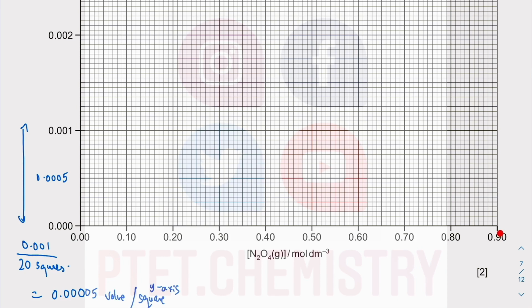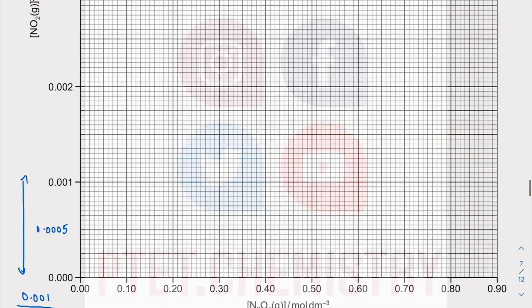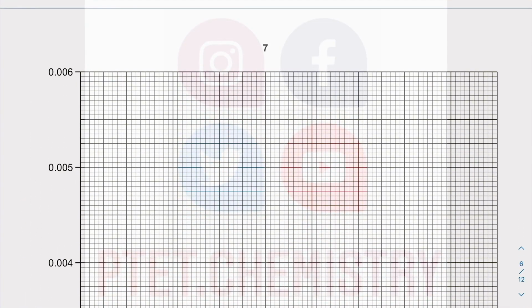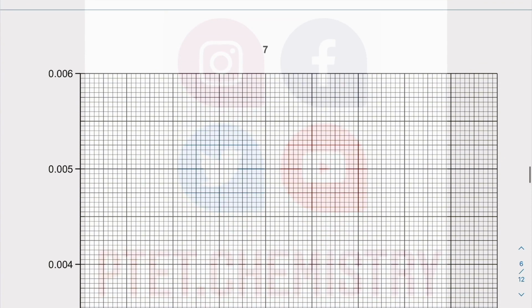So for the x-axis it is 0.9. I'm going to draw 0.00531. So that is 531. So that is 0.0055. So that means there is 51, 52, 53. 531 is going to be close to 53, so that is the one.